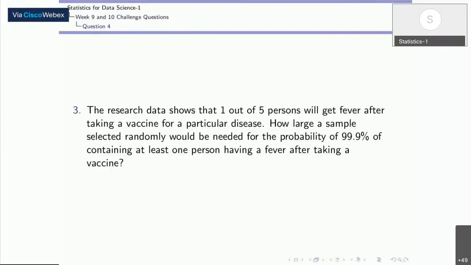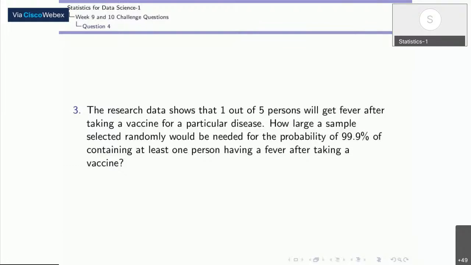If anybody finds difficulty in understanding this question, they can ask me.